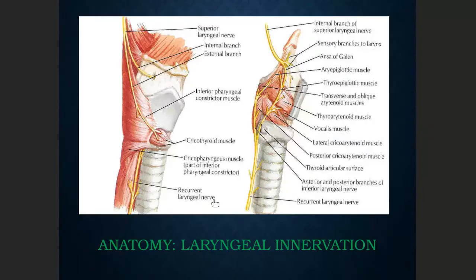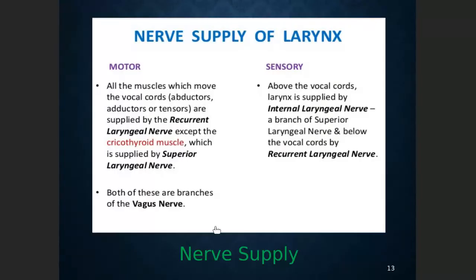Here you have the laryngeal innervation. It's mainly by the vagus nerve, and it has two branches, the recurrent and superior laryngeal nerve. Here you have the superior laryngeal nerve, and here you have the recurrent laryngeal nerve. More clear in the picture here, the difference of that, and then we'll go to the details.